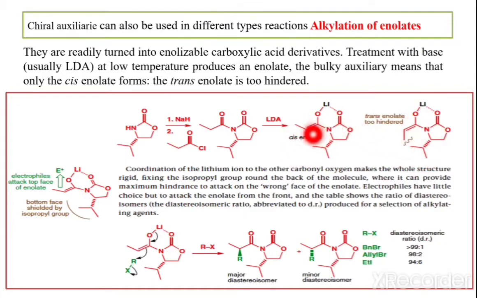Now, the electrophile attacks from the top face of the enolate, not from the bottom face, because the bottom face has some steric hindrance. Therefore the incoming electrophile adds from the front side, and we get the major diastereomer.